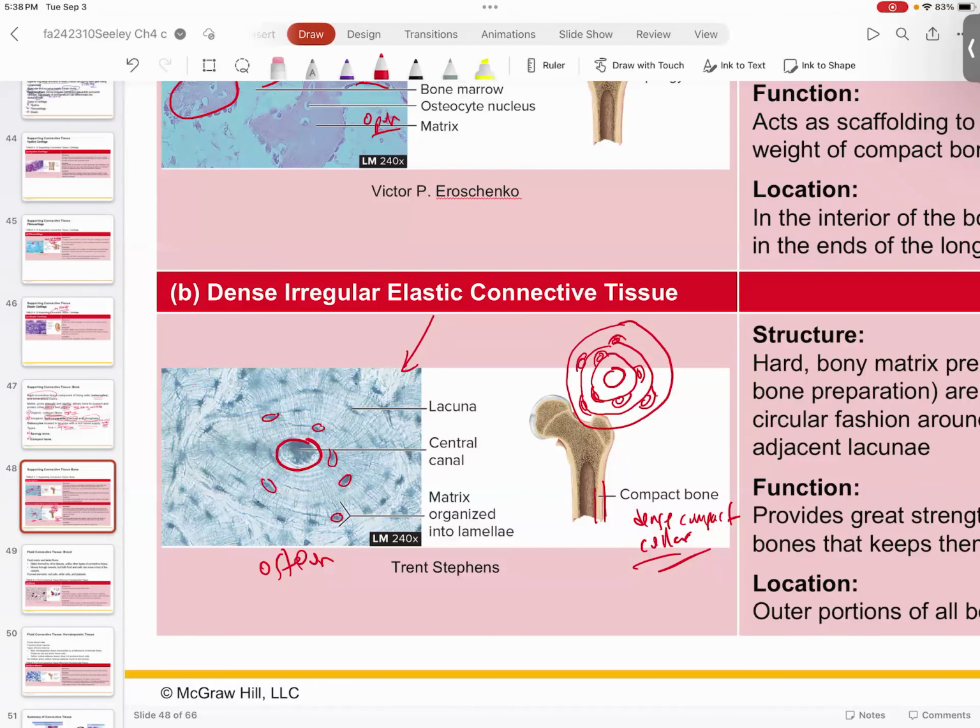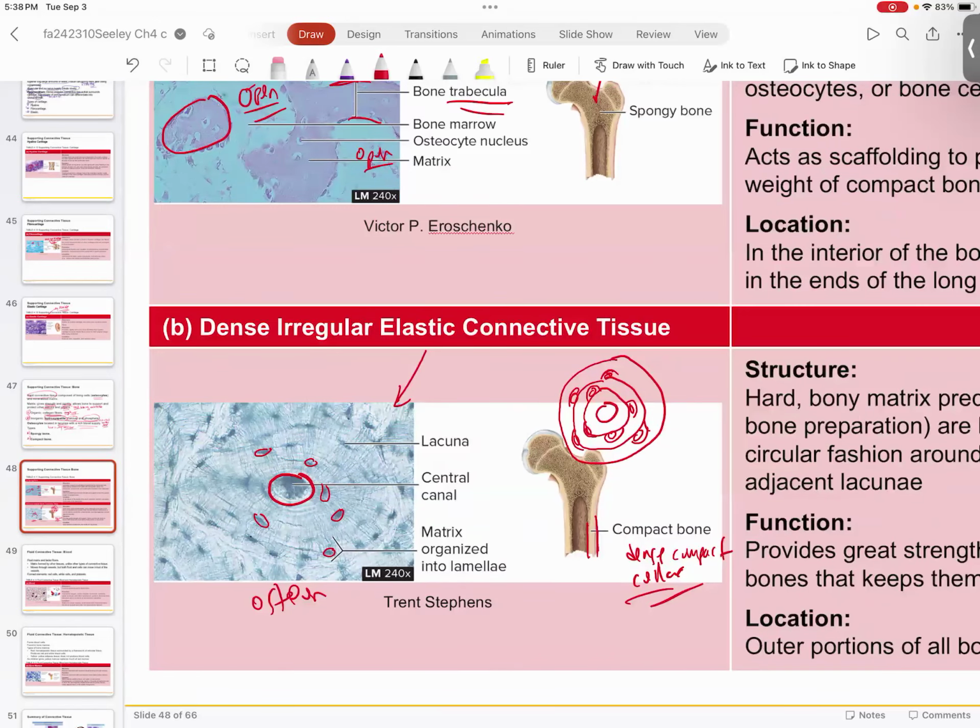That's the osteon. But you notice there's a lot of lateral lines. It almost looks like there's a lot of stress fractures in it. These little stress fractures are basically the way that these cells actually get blood. So you'll see these little lateral lines that all end up going down to the central canal.